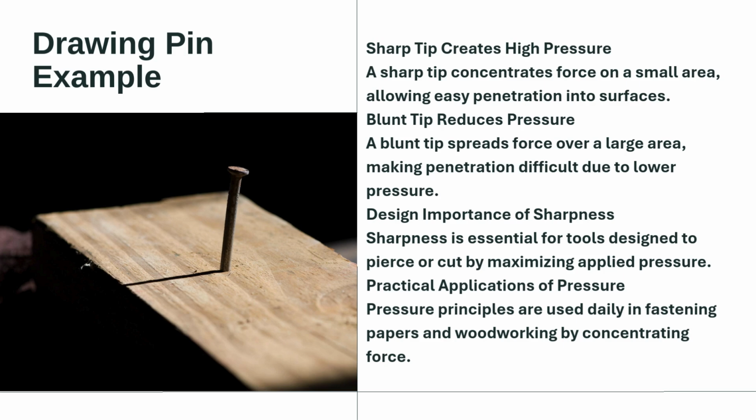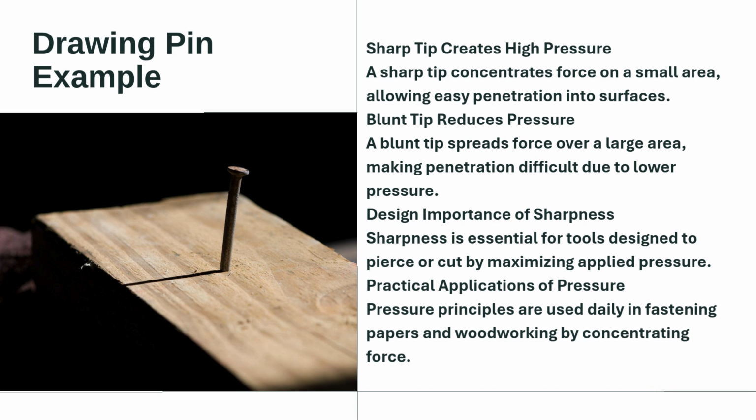A drawing pin or thumbtack provides another clear example of how pressure works. When you press a drawing pin with a sharp tip into a wooden board, it penetrates easily because the applied force is concentrated on the tiny area of the sharp tip, creating high pressure. In contrast, if the pin had a blunt tip, it would be extremely difficult to push into the board because the force would be spread over a larger area, resulting in lower pressure.